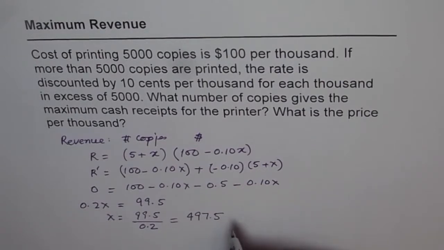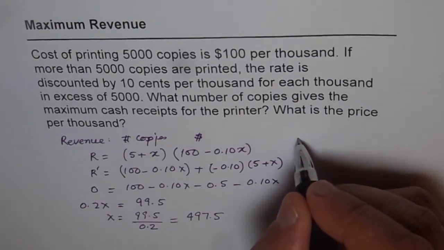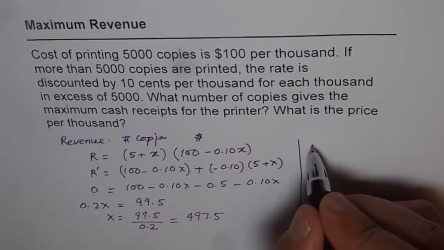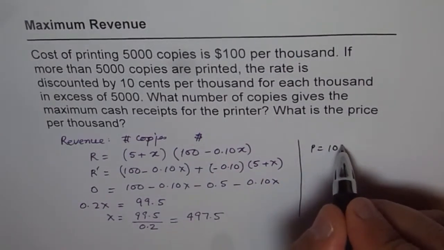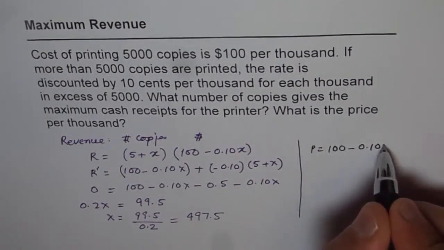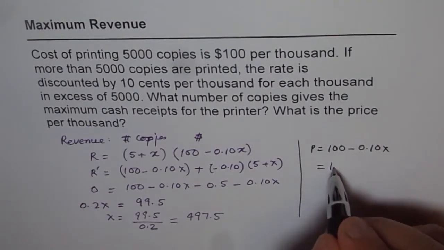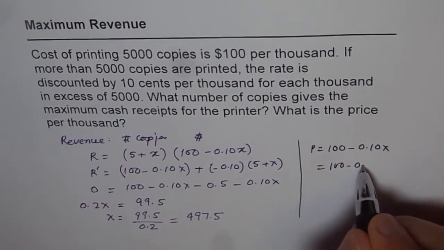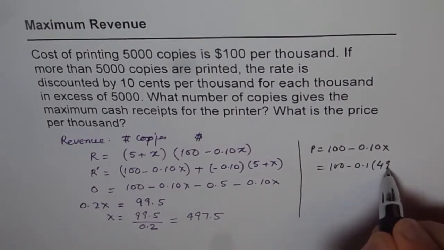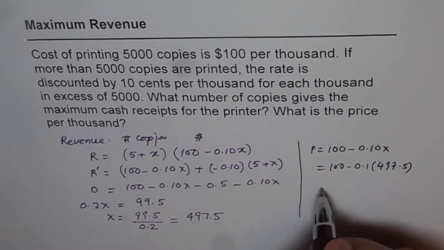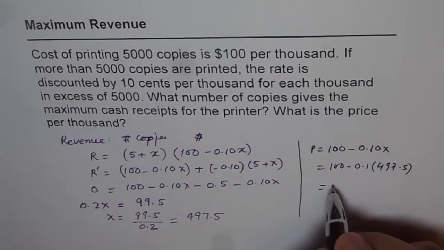So that is the number of copies, and price per thousand, let's calculate here. Price per thousand equals 100 minus 0.10x, and in this case, since x is 497.5, we get 100 minus 0.1 times 497.5, and that gives us 50.25.